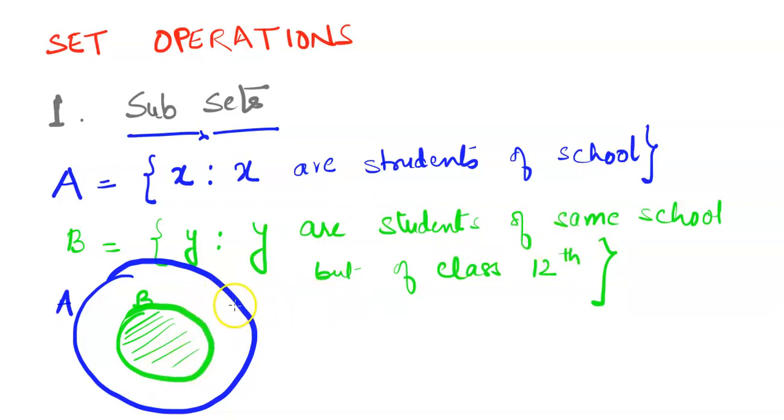So it is equal to or smaller than set A. In this context, we say B is a subset of A. There may be a school which only has class 12, so B is a subset of or equal to A.